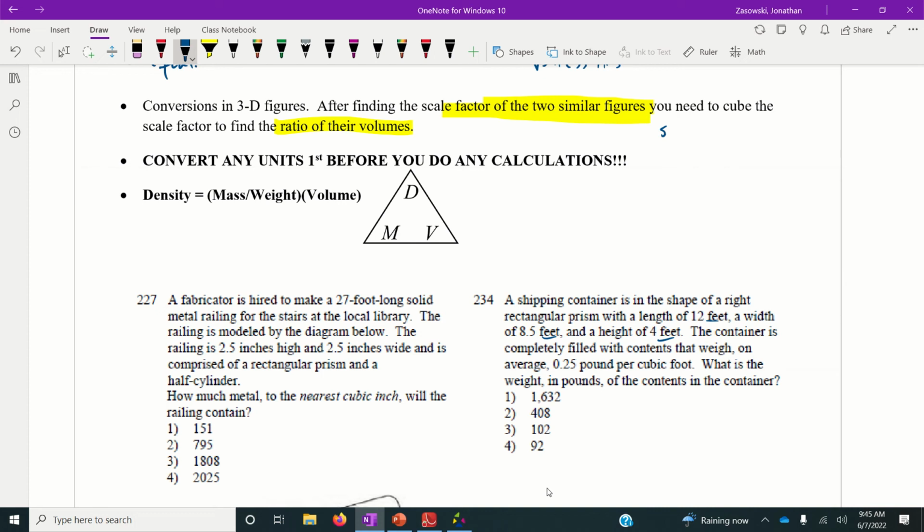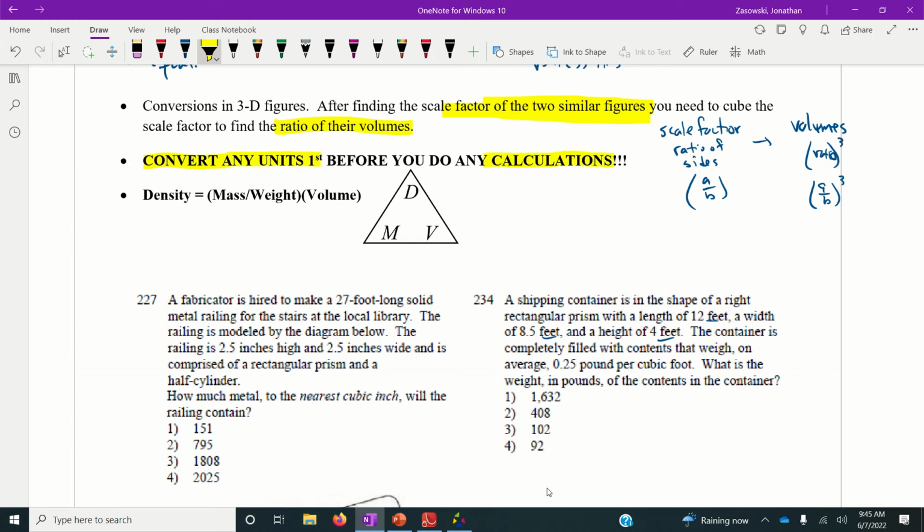So the scale factor, or the ratio of the sides, when these shapes are similar, the ratio of the volumes is that ratio cubed, okay? So if the ratio of the sides is A to B, the ratio of the volumes is A cubed to B cubed. All right, and make sure you convert any units first before you do any calculations, okay?